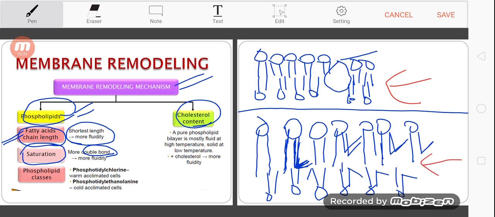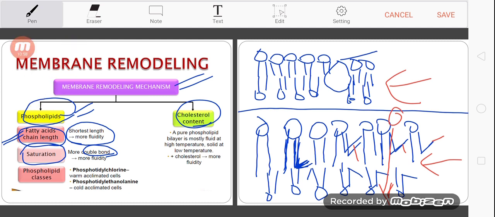In the other, there are a lot of double bonds, which gives the fatty acid chains a lot of kinks, so the cell membrane becomes less rigid and more fluid. Protein movement and particles move easily in this type of cell membrane.